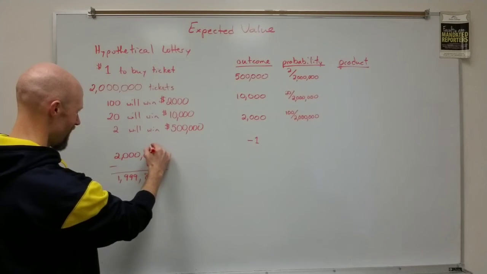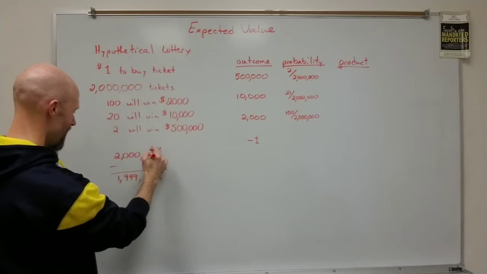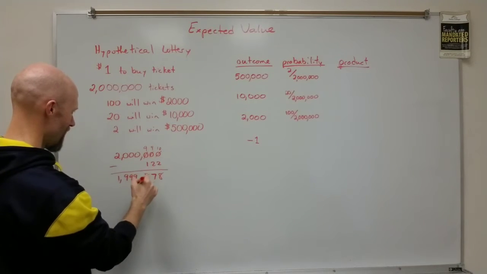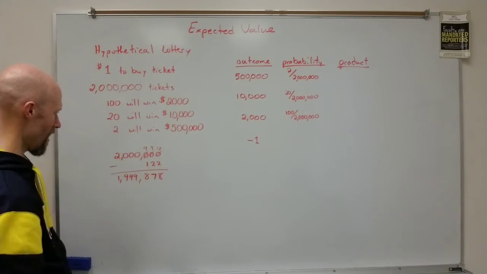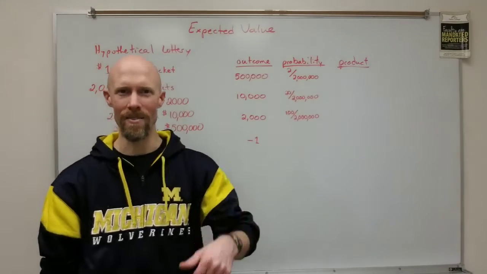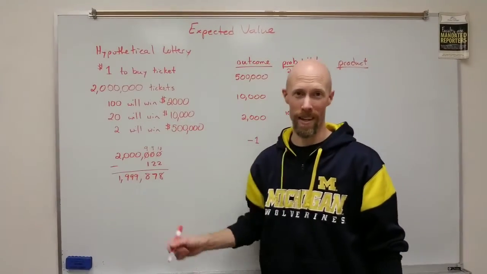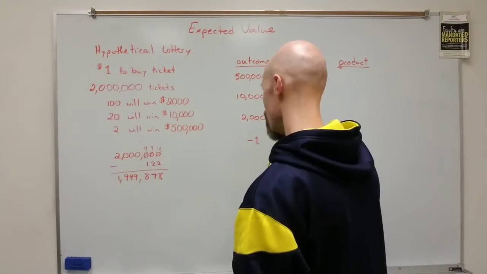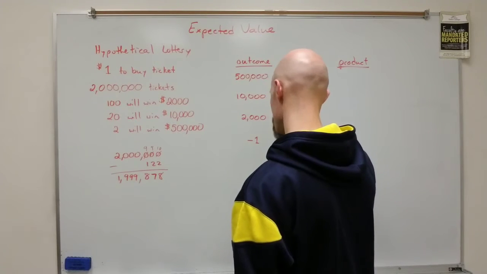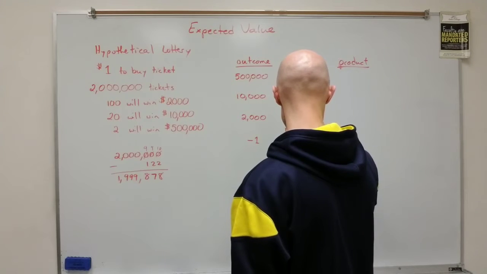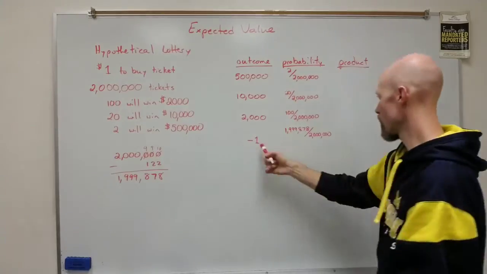That's a 10, that's a 9, that's a 9. 878. Yeah, okay, that's right. 878. Got it. Anyway, that's the number of losing tickets. A lot. And so you have 1,999,878 out of 2 million chances of having a -1.